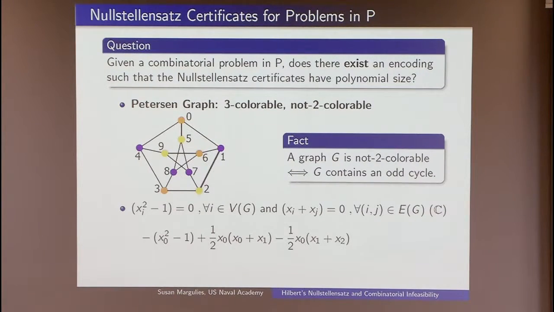Then we add the polynomial associated with the next edge. And we continue to trot around that odd cycle, adding and alternating our signs as we go. And it won't bother us to see that in the end, this is indeed a Nullstellensatz certificate. So from the odd cycle comes nice and clean algebraic geometry. A problem in P has a nice small certificate.